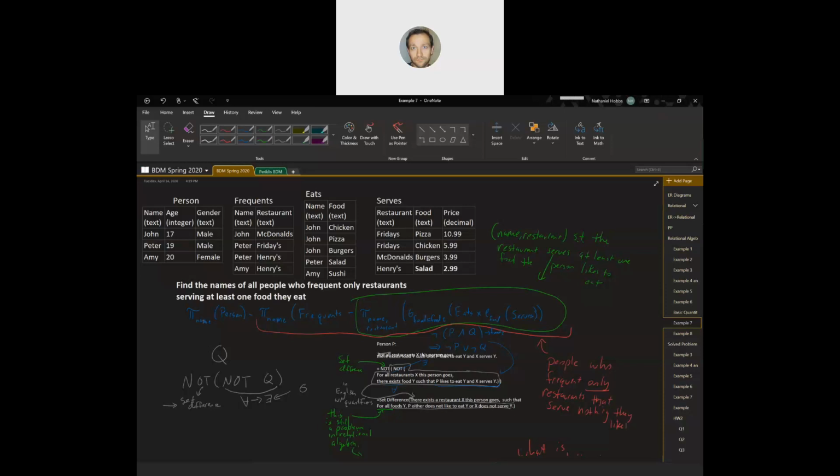And in order to get the list of people who only frequent things that serve stuff that they don't like, you take the list of all the places that people do frequent and remove the people that go to a place that serves at least one thing that they like. So that's it.